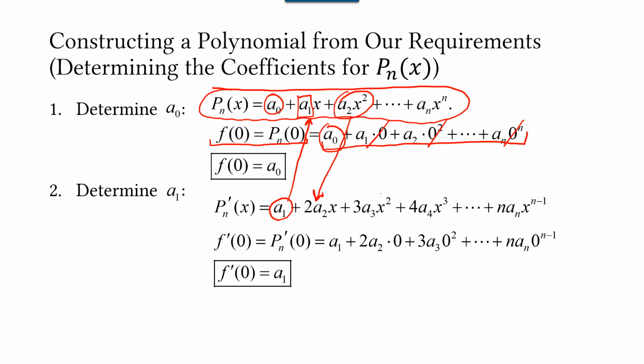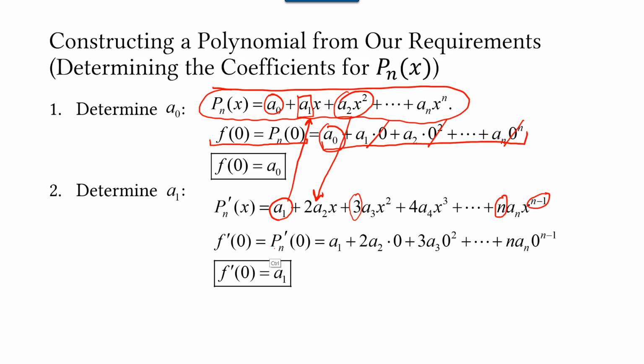The derivative of the a3x cubed term would give us this coefficient of 3 in front of a3 and then an x squared. And so all of the terms have this bringing the power down in front, decreasing the power by 1 to get the derivative of each of the terms.